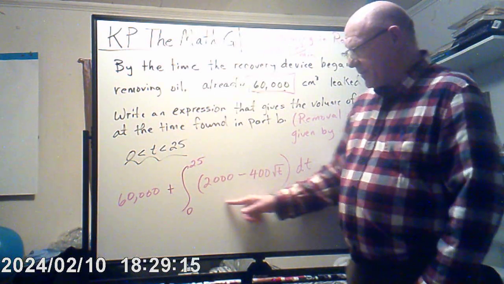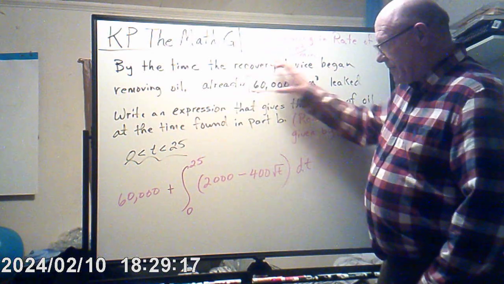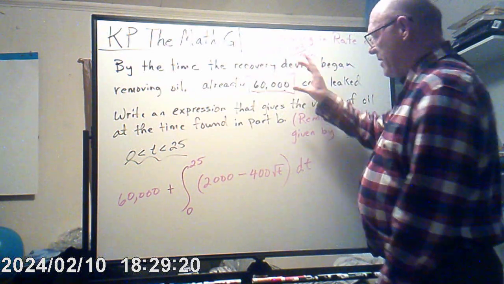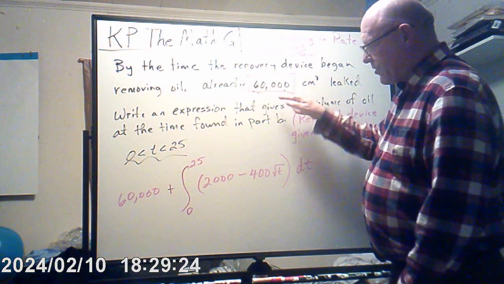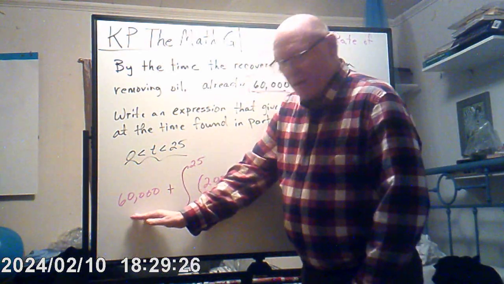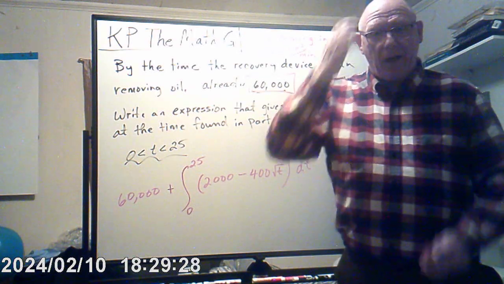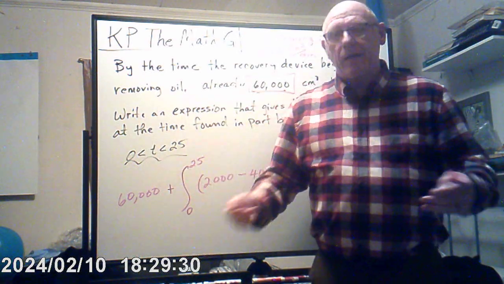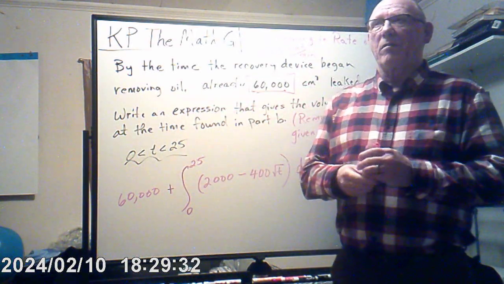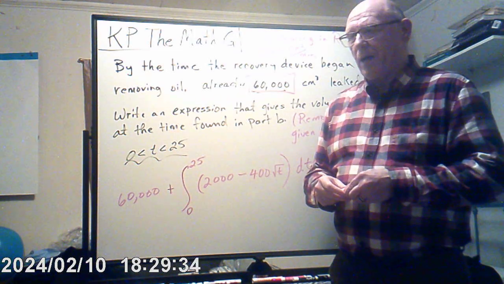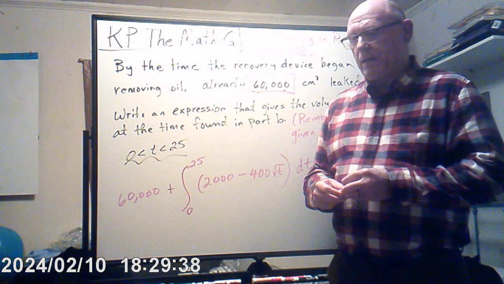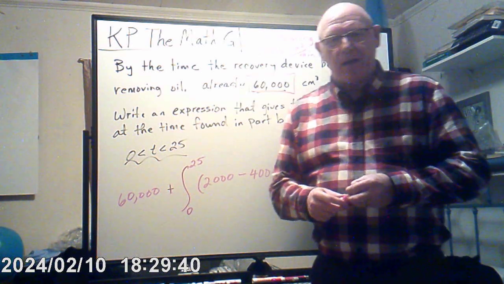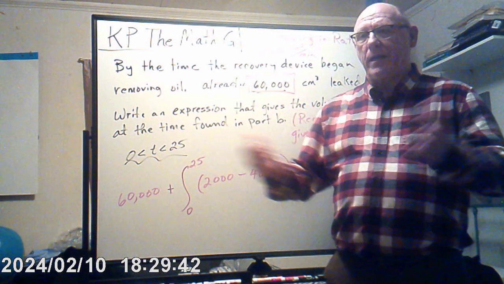So anytime you see this, you need to realize that you already have this amount. That is how much you initially have. It's like if you have water in a tank, and I think one of the problems says you already have, I forget how much, 300 gallons or 3,000 gallons of water in a tank of some kind.